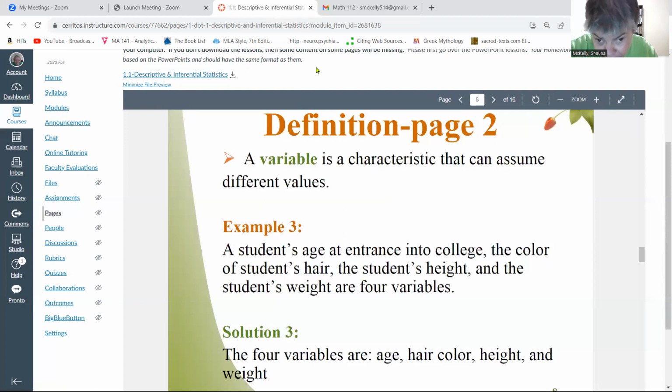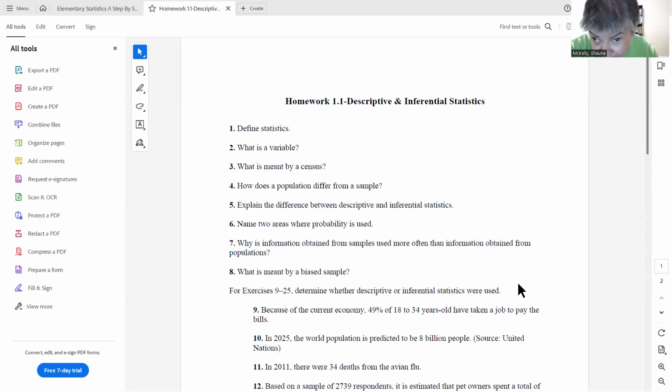Also, let's go back to this. What is meant by a census? Now, again, that's another definition that's in your slide. So let me show you where that's at.